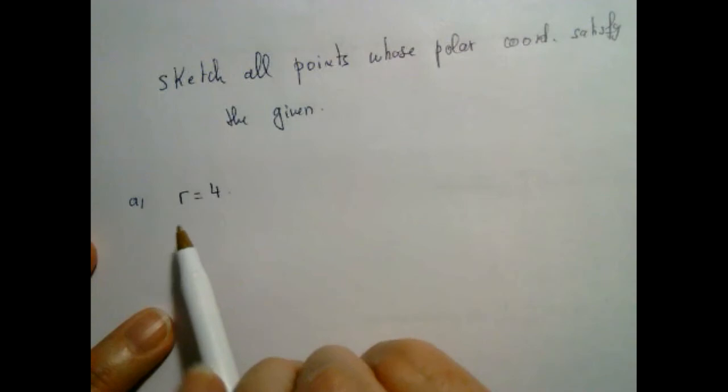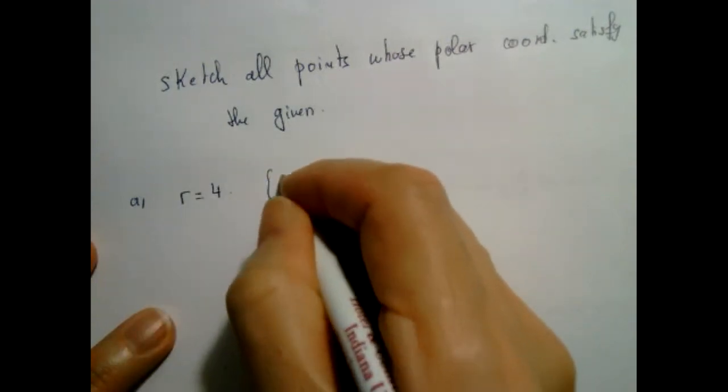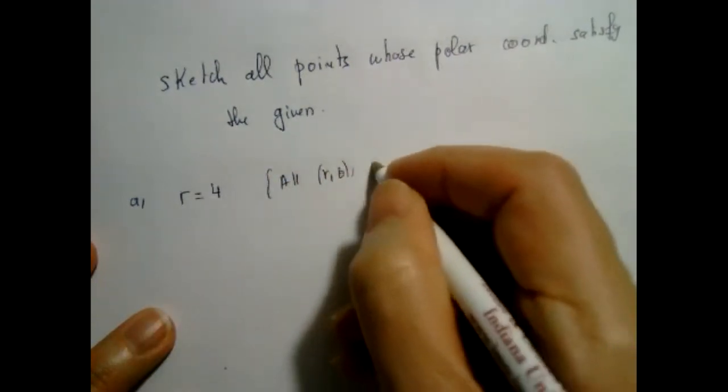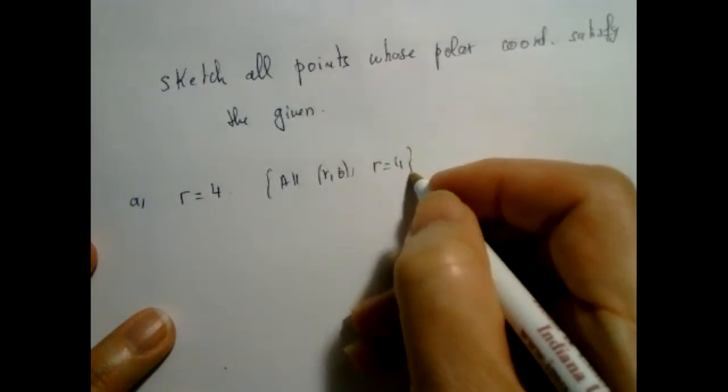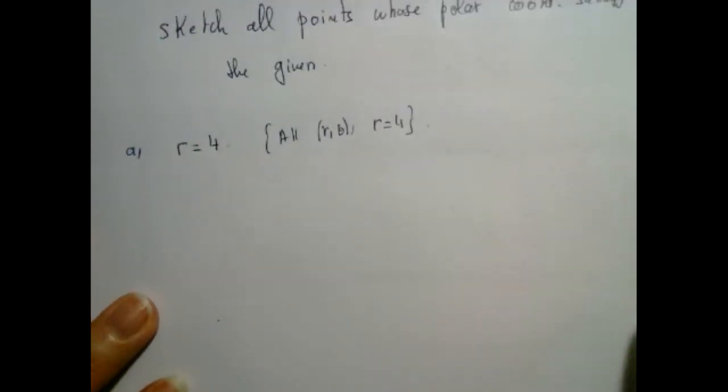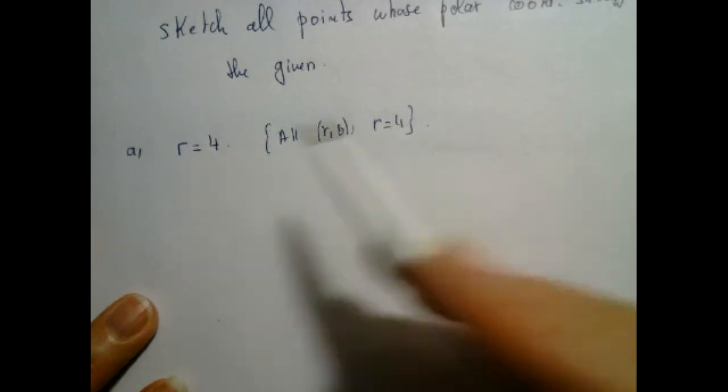What do I get? Basically here I'm looking at all (r, theta), all the points such that r equals 4. That's really the way you look at it. So what do I get if I do that? What are all the points that satisfy this condition?